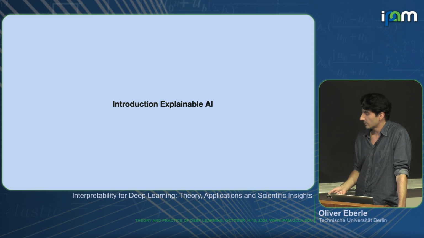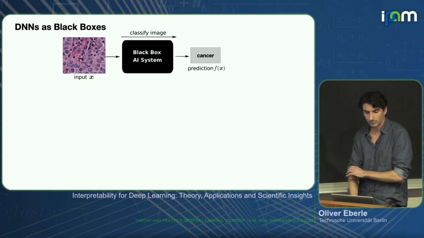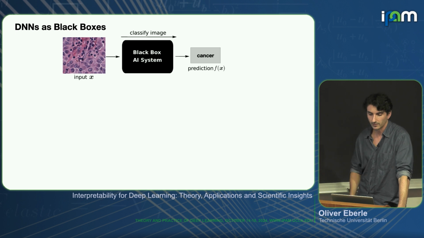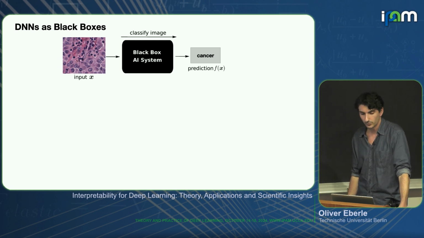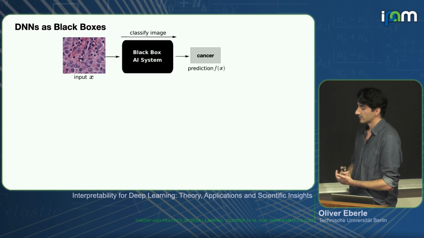The typical class of problems that we are looking at in explainable AI looks mostly something like this. We have some input image X, which here is a histopathology slide, and we give it into our trained classifier, and it can correctly predict that it is a cancer cell. But for any expert or anyone interested in deep learning, this is frustrating because we actually have no idea why this is the case.